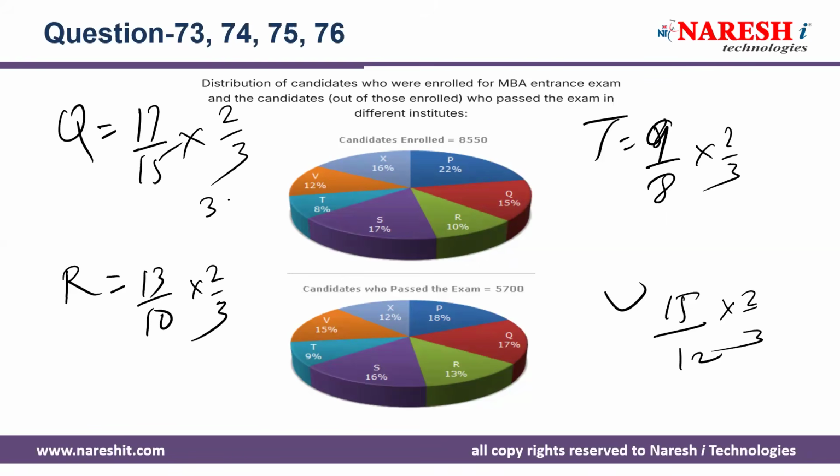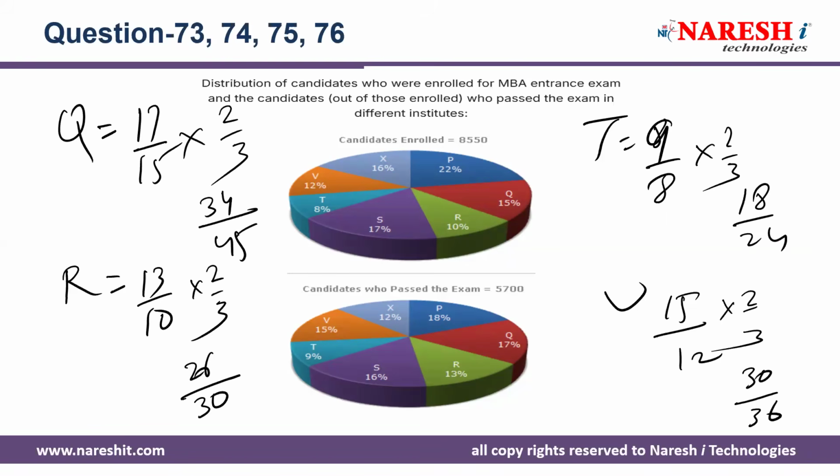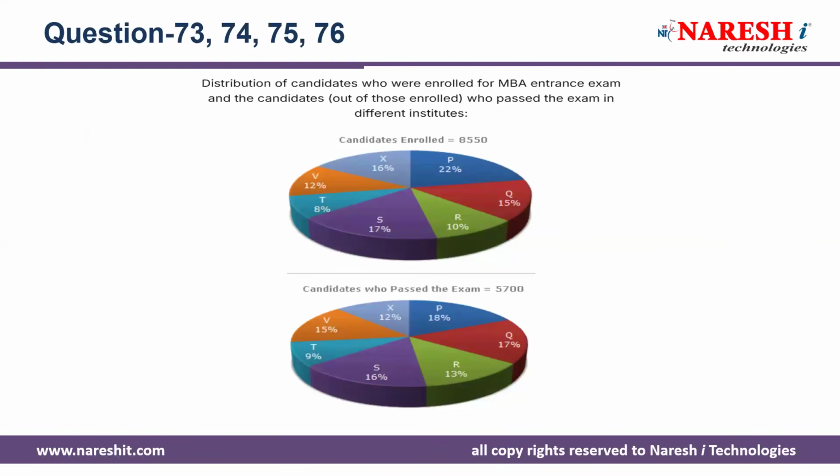So what is 17 into 2? 34 by 45, 26 by 30, 18 by 24, 30 by 36. So far we reached this phase. 18 by 24, we already know it is 75%.